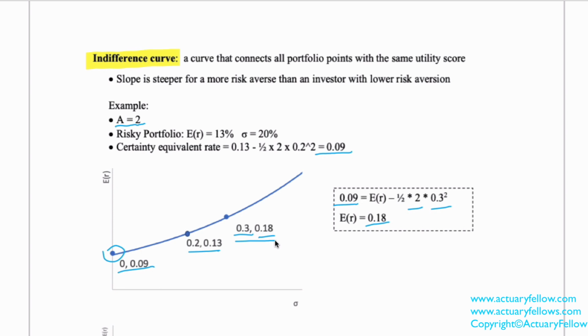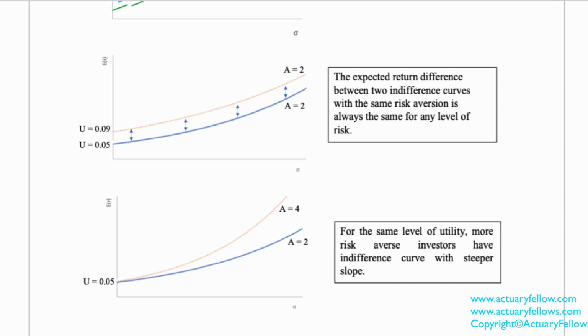If an investor has aversion greater than 2, the slope of his indifference curve is steeper. The y-intercept is lower and the utility is lower. As the standard deviation increases, an investor with a given aversion would require higher expected return to achieve that level of utility. We can see it from the second graph.